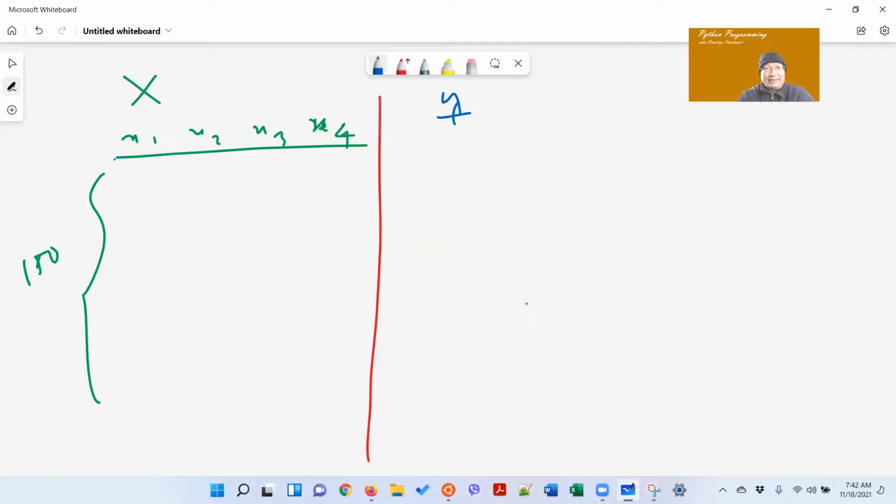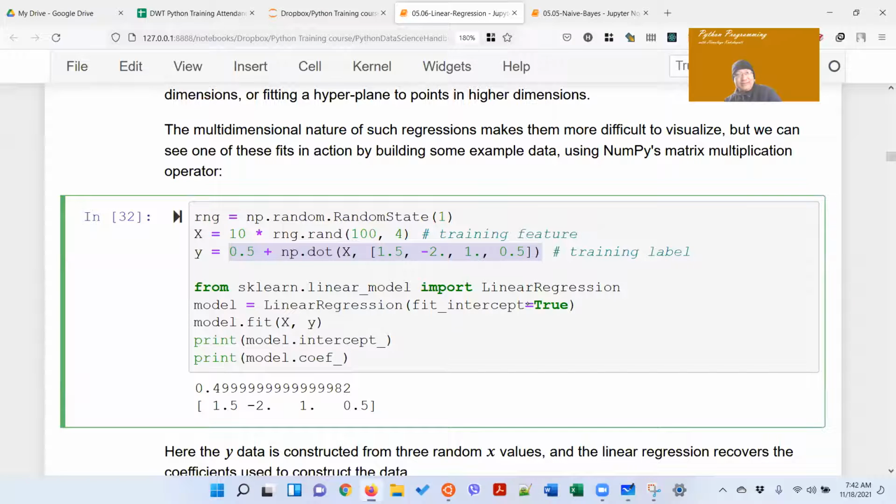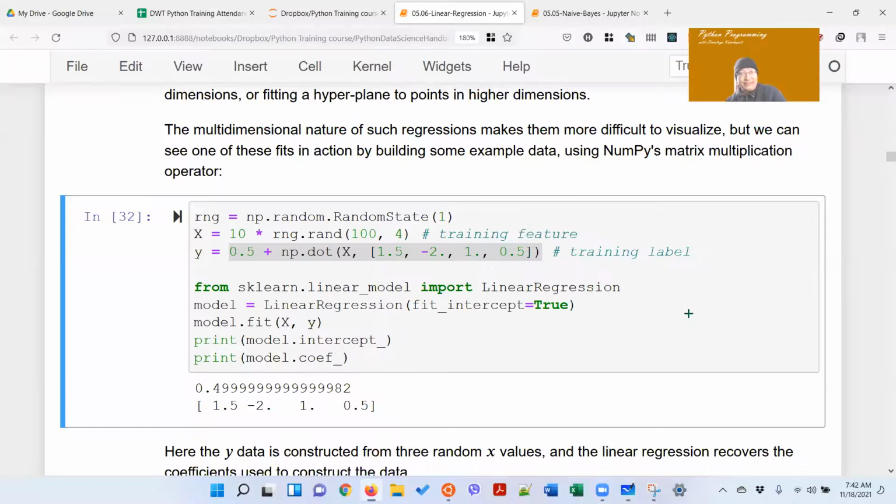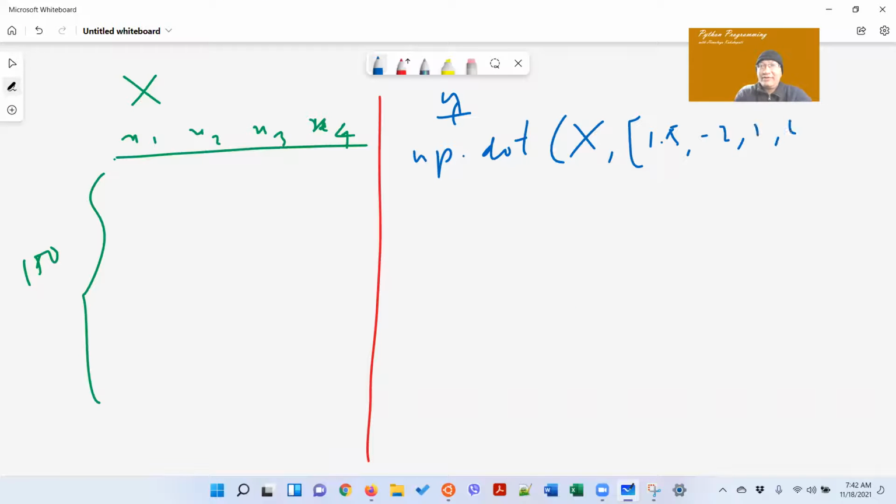Y को लागि हामीले के गर्छौं भन्दाखेरि np dot x, and this to say हामी के गर्छौं भन्दाखेरि 1.5 minus 2 1 or 0.5, अनि 1.5 minus 2 1 or 0.5. यसरी गरेको छौं, right?